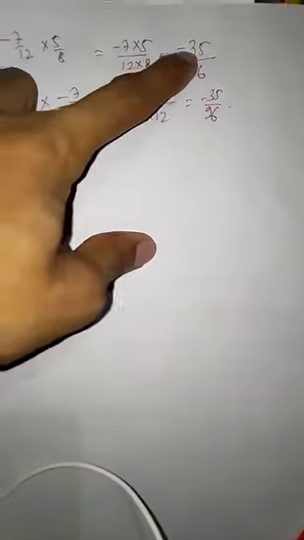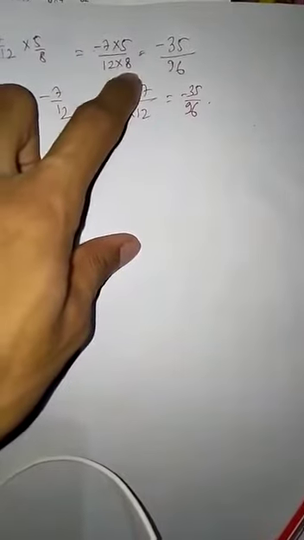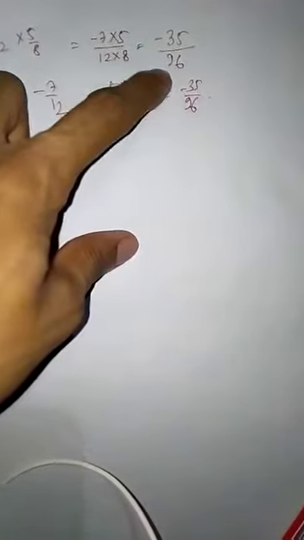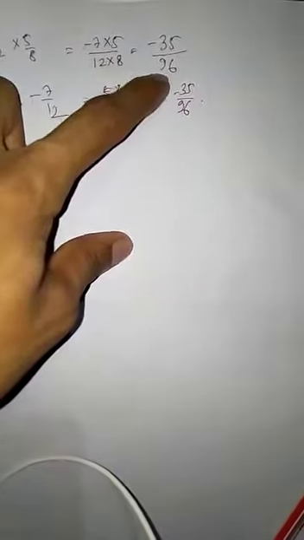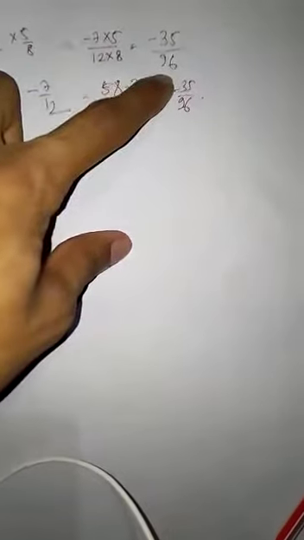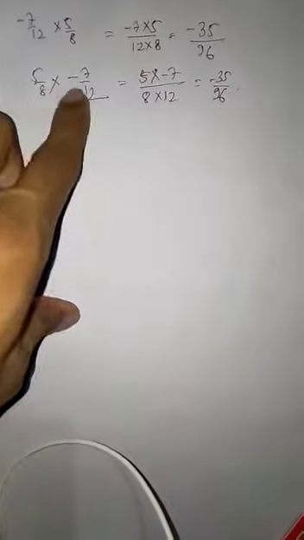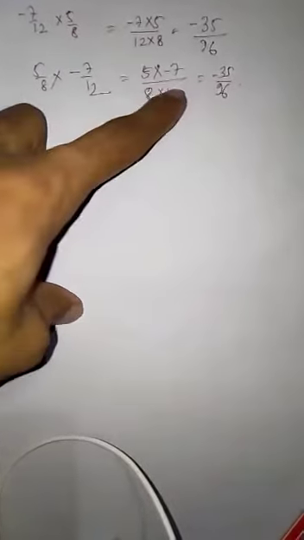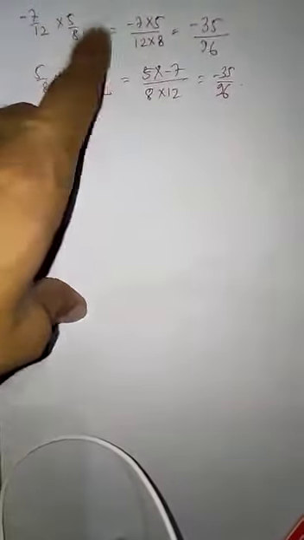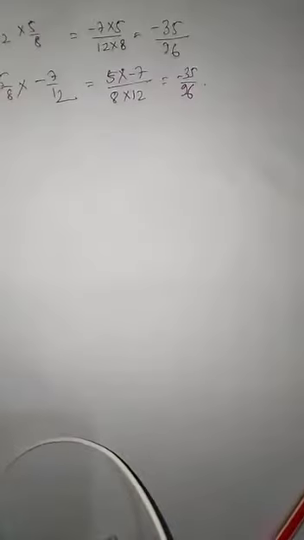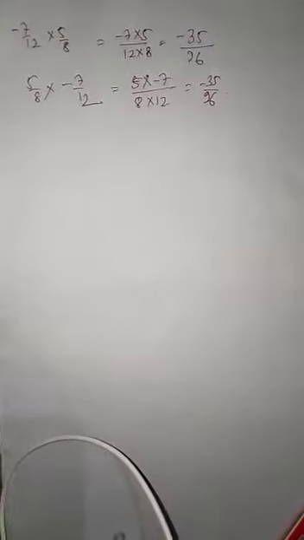So minus 35, and the product of two positive integers is a positive integer, so we know that 12 into 8 is 96. So minus 35 by 96 will be the answer. But if we change the order, 5 by 8 into minus 7 by 12, then also we will have the same value. So we can say that the multiplication of two rational numbers is commutative.